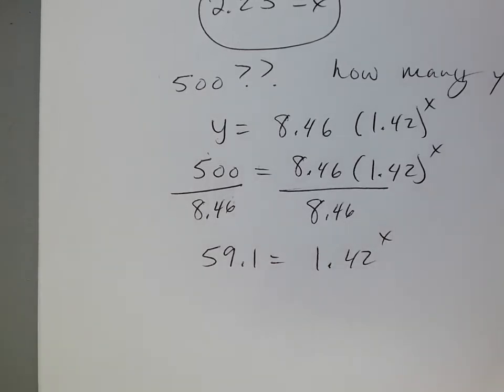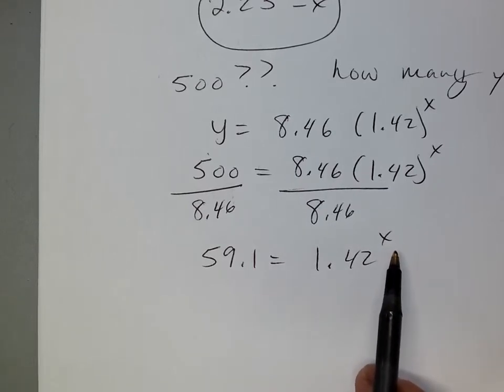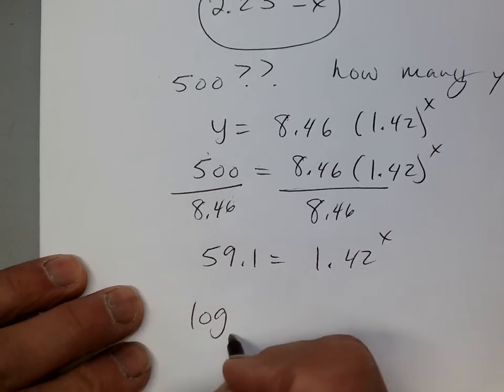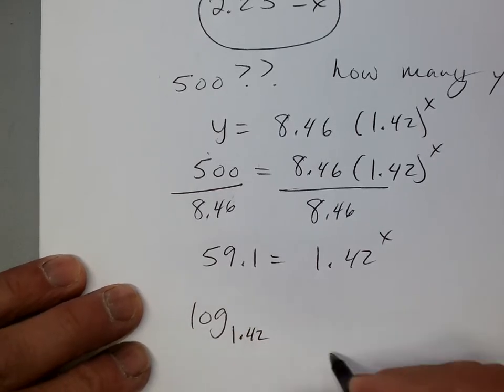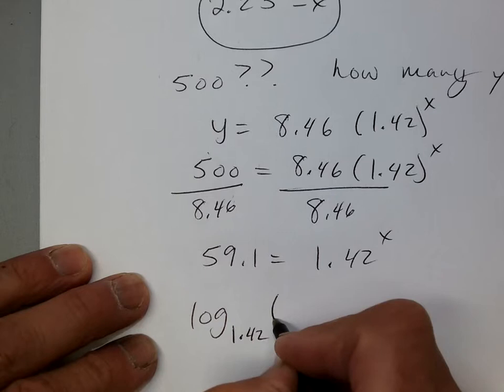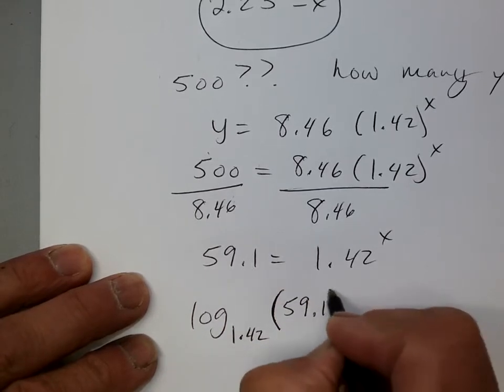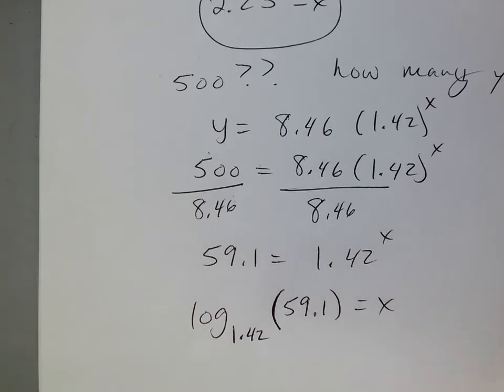Okay, now how am I going to take care of that x up here? What am I going to do? Log. Okay, we're going to take a log of it. So I'm going to go log base 1.42 of 59.1 equals x. My calculator can do that.